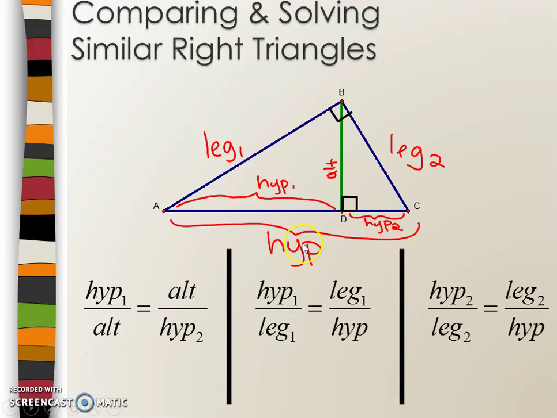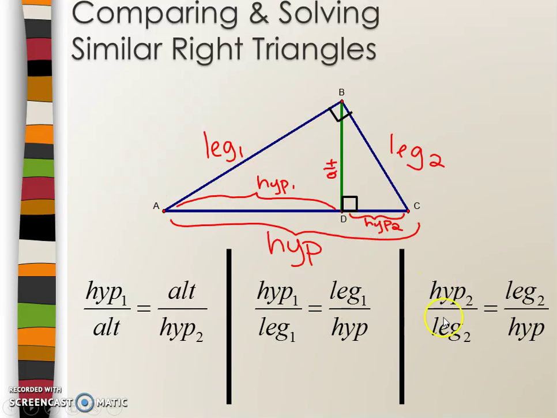So right here, hypotenuse 1 and altitude is the same ratio as altitude and hypotenuse 2. This is the first ratio. And then for the second ratio, we have hypotenuse 1 and then leg 1 is the same ratio as leg 1 and the big hypotenuse.